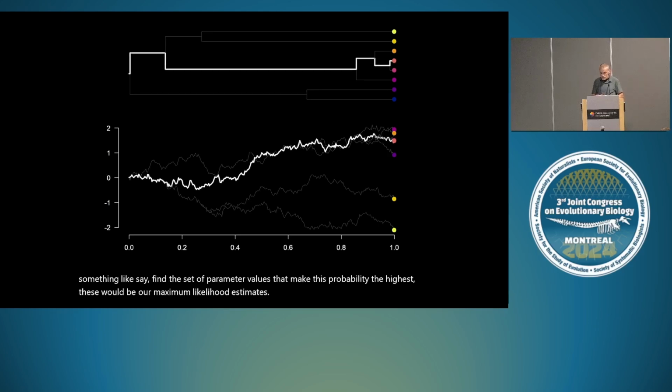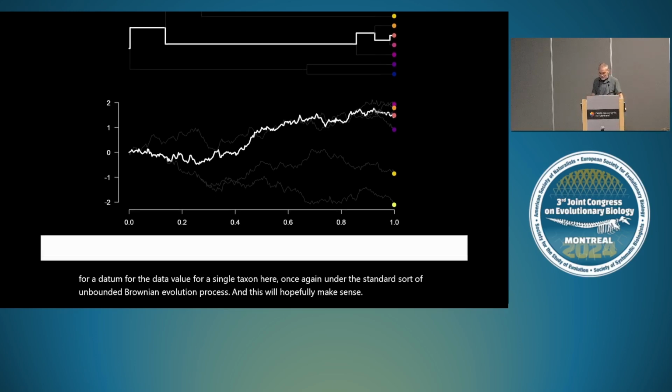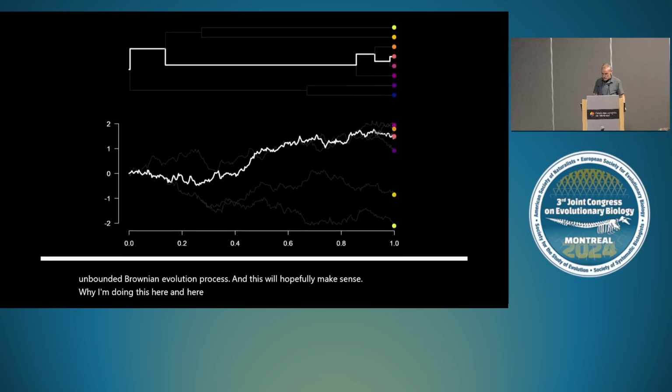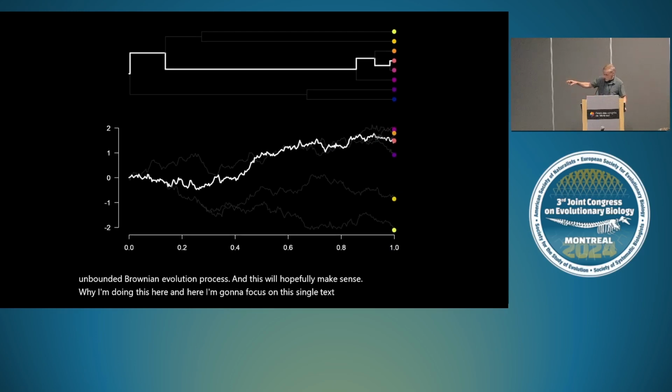For simplicity, I'm just going to focus on computing the probability for the data value of a single taxon, once again under the standard unbounded Brownian evolution process. Here I'm going to focus on the single taxon that ends with the red point.